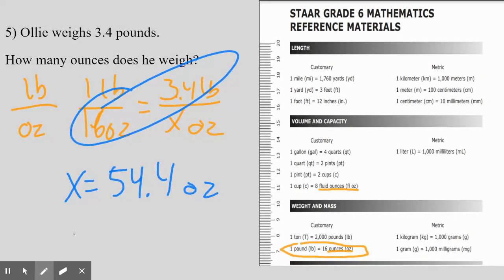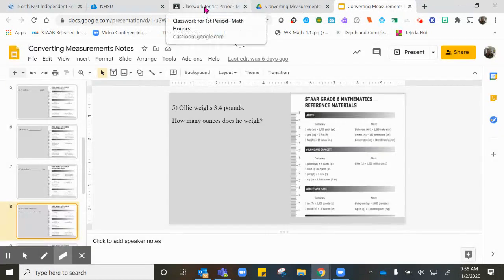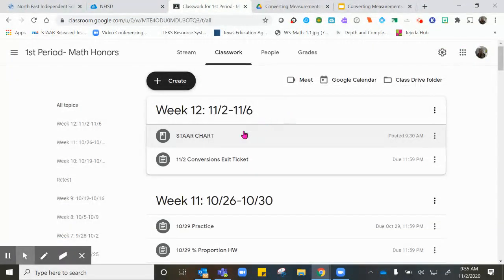All right. Now, at this point in time, if you are in a regular math class, here is what you're going to do. You are hopefully done taking your notes. You're going to go to your Google Classroom.